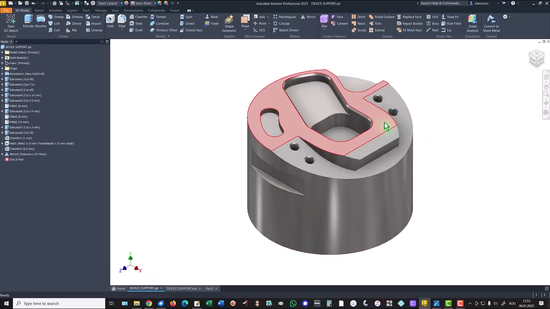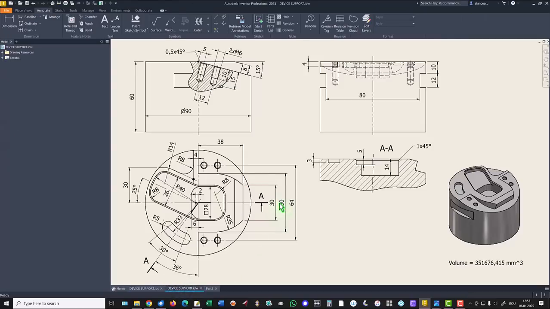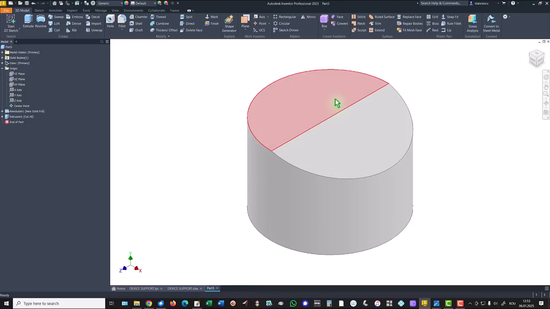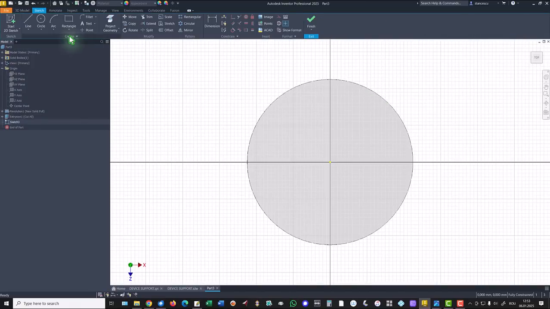Next is this face with dimensions 50, 30, 38, radius 35. We use this plane and we draw that contour.